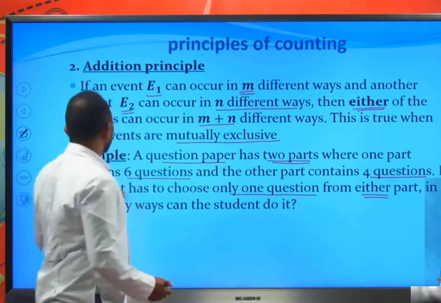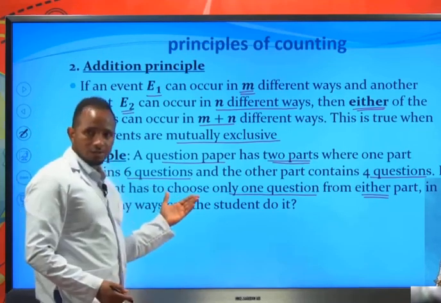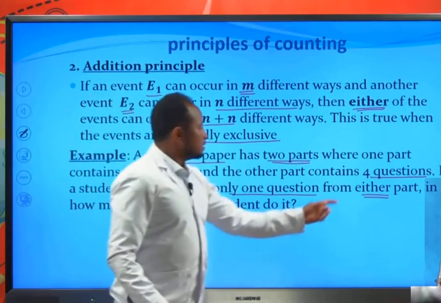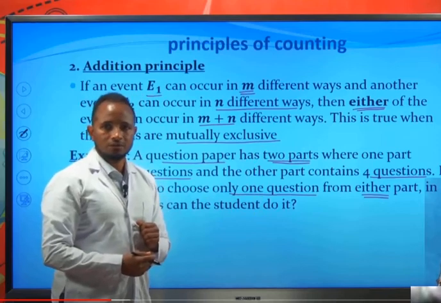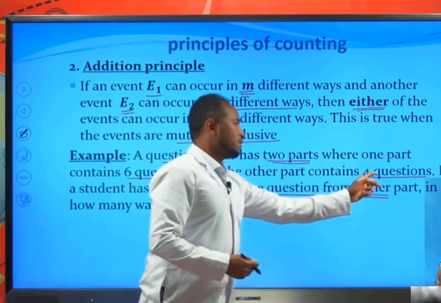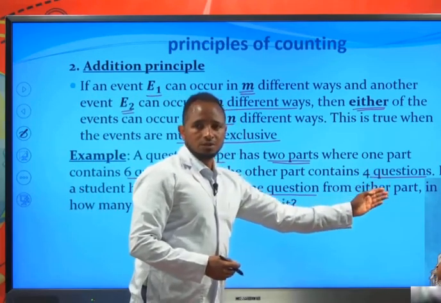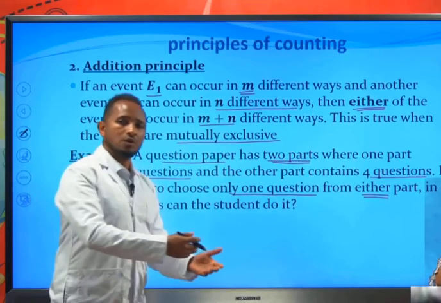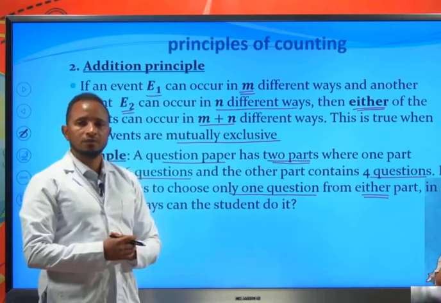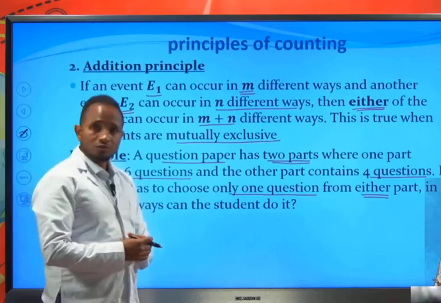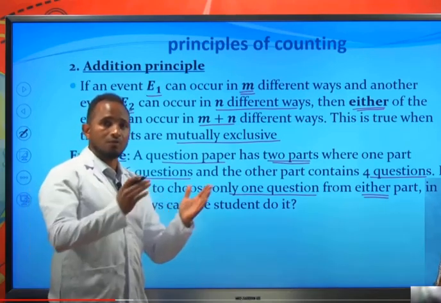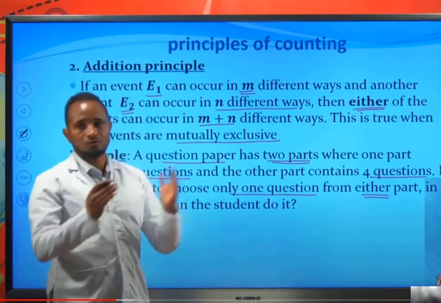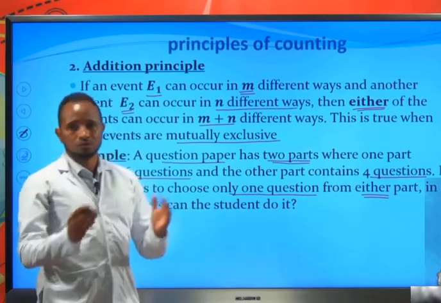So event 1 has 6 different ways, and he can also choose from the second part. Since that has 4 questions, he has 4 different ways of selecting a question. He cannot do questions from both part 1 and part 2. He will select either from part 1 or part 2, from event 1 or event 2.